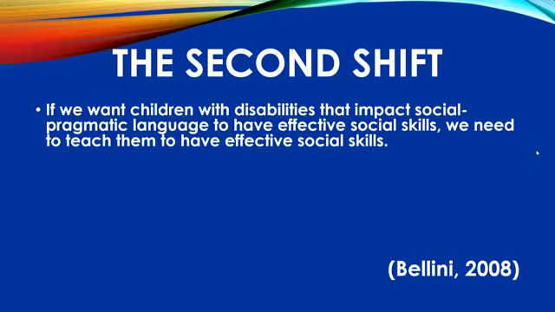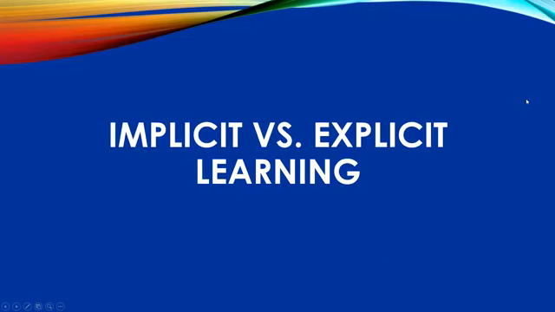But those other two that I mentioned hadn't picked up on that just from simple observation. They needed more explicit teaching of those skills, and I think that sometimes we forget that. We're like, well, they're integrated and they have experiences all the time. They should just figure it out. Well, no. Sometimes if they're not picking up on it, we do need to teach those skills. And so that brings up the difference between implicit learning versus explicit learning.